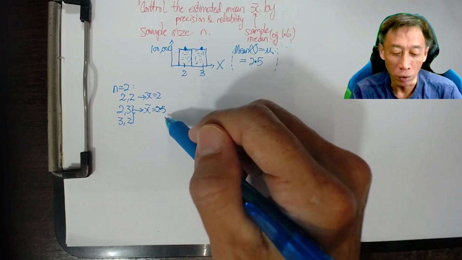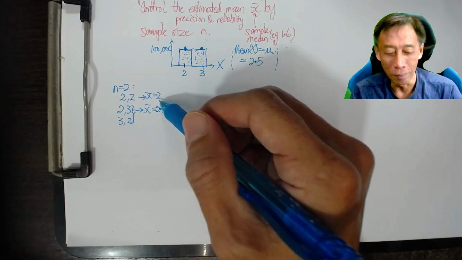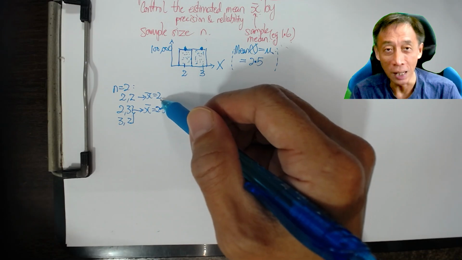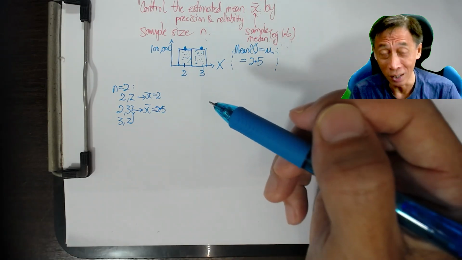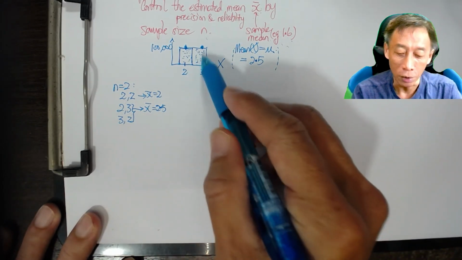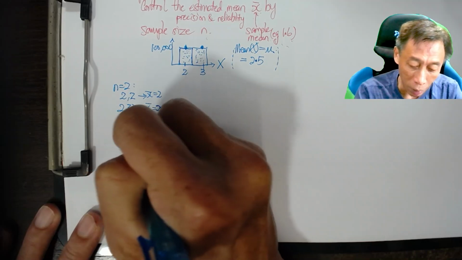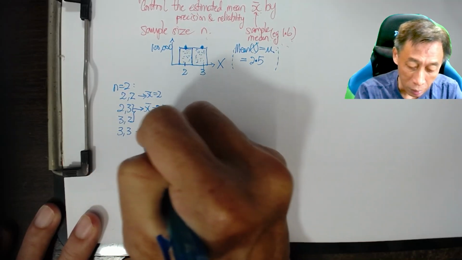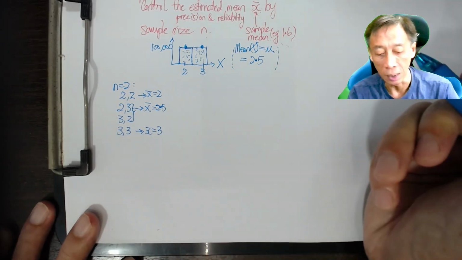In other words, 2.5 will have twice as high a probability as 2 to occur. So we'll see 2.5 more frequently. And of course, if you randomly pick 2 people, they can also show up as 3, 3. Not impossible, and quite readily. And then that will give us an average of 3.